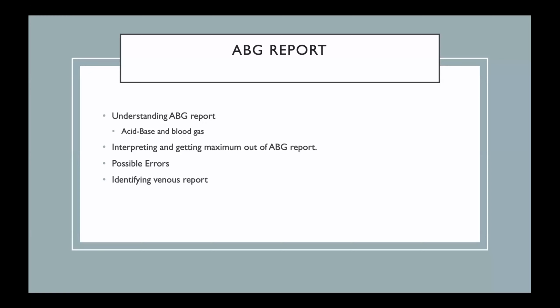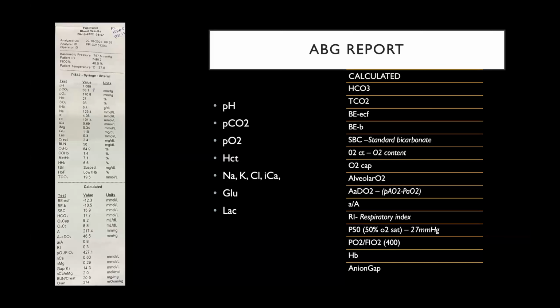We have to interpret the blood gas report and get the maximum out of it, and we need to know what possible errors can occur, and we should be able to identify the venous report also. Starting with everything, I'll share one report which you must be familiar with if you are working in CCU or any ICU.